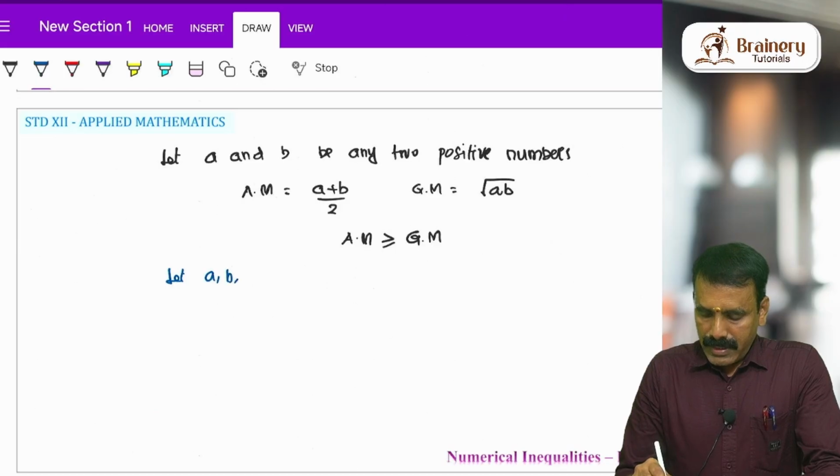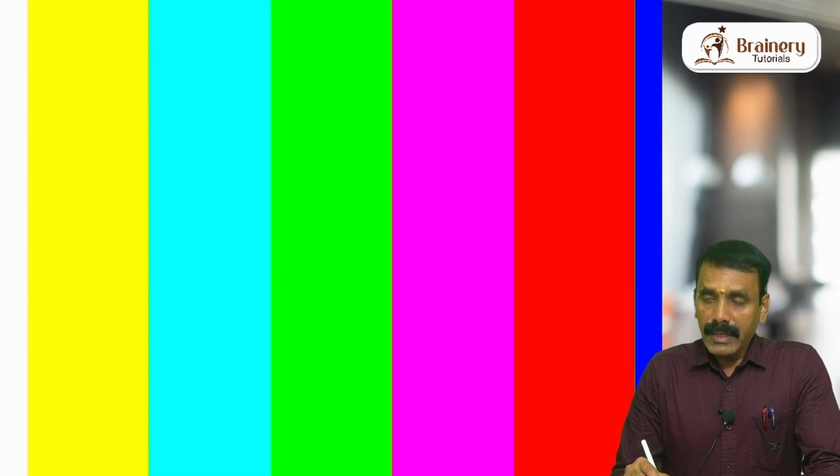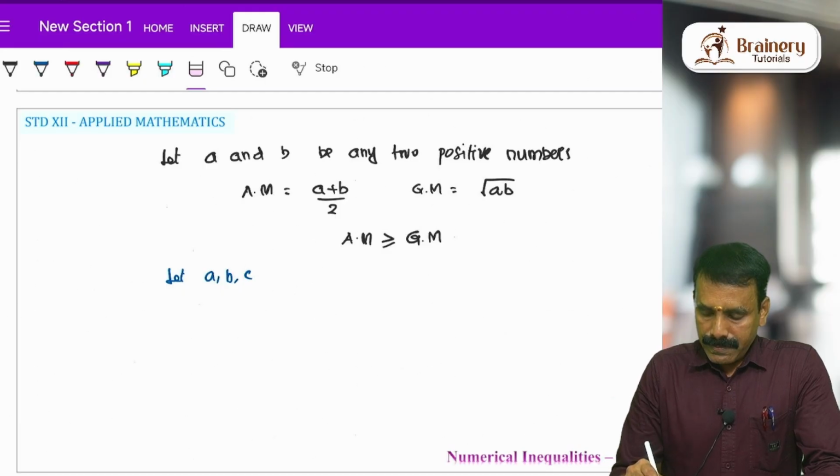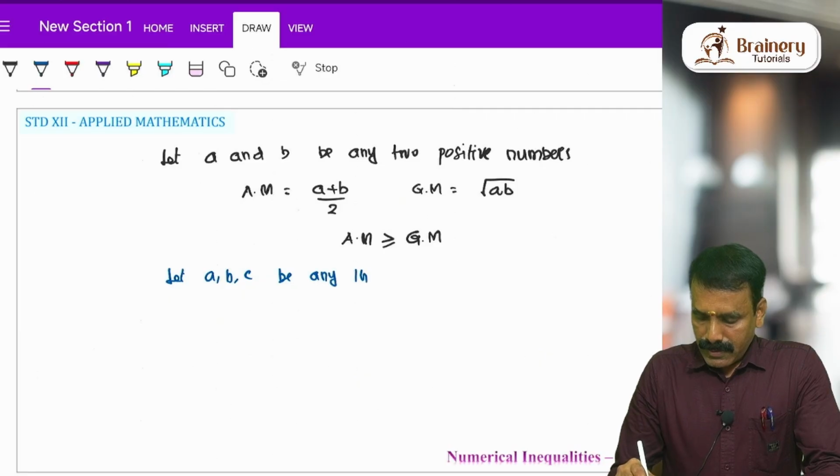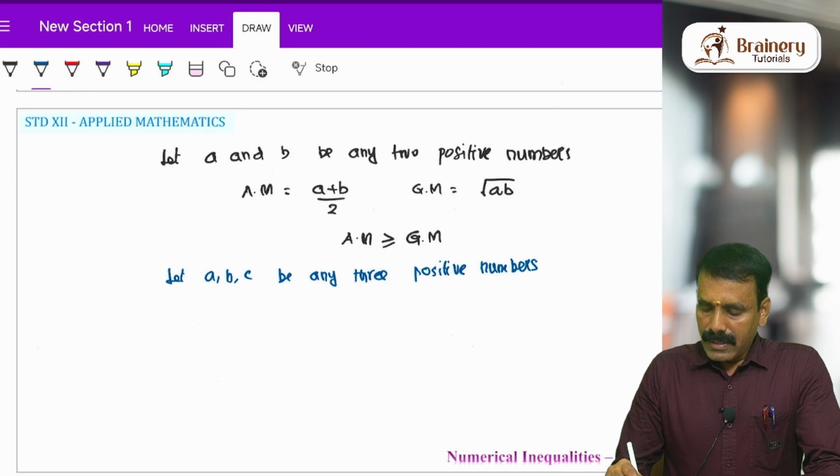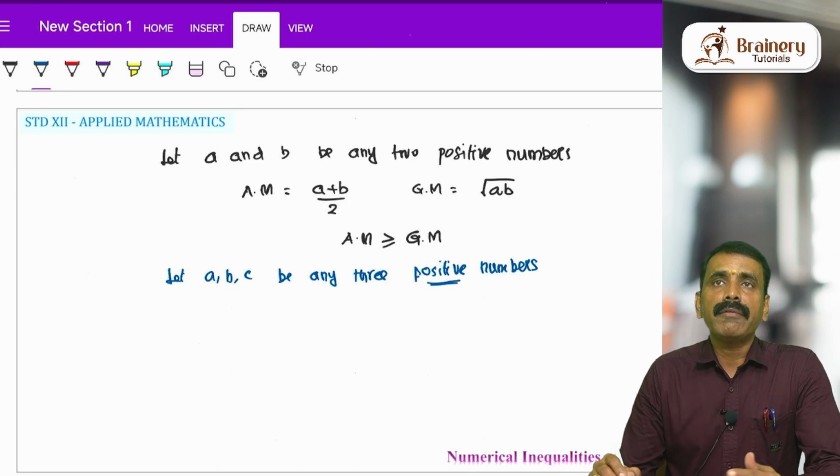Let A, B, C be any three positive numbers. We must impose the condition that they must be positive, because when we take the square root we will have a problem when the numbers are negative.